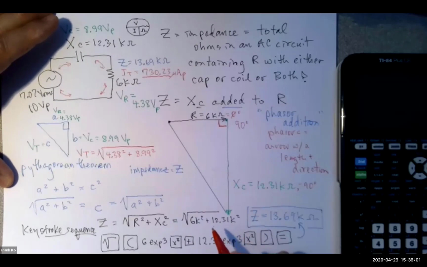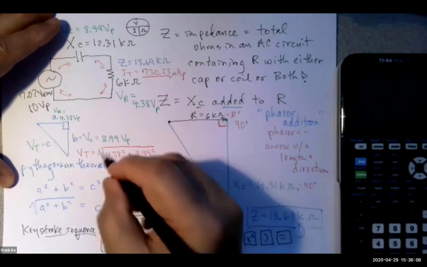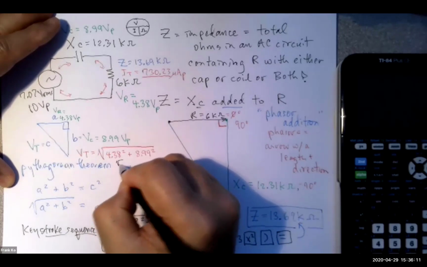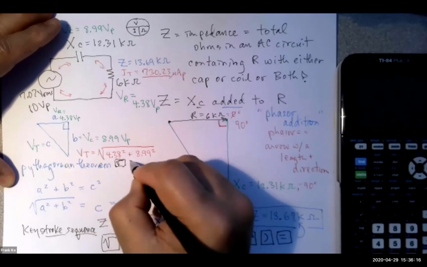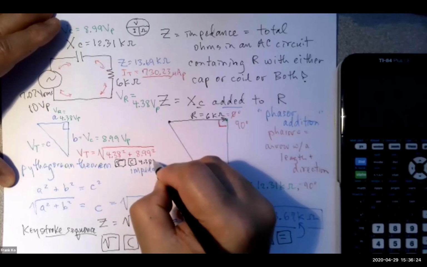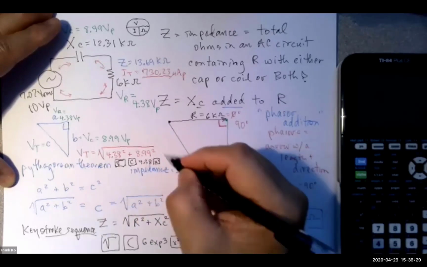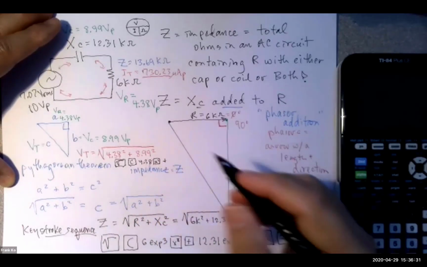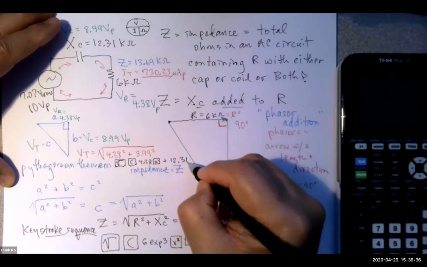And if I were to offer that as a keystroke sequence, I would write it for you this way. I would offer that as a square root function first, square root, open parentheses, then 4.38 squared, then plus, 12.31.